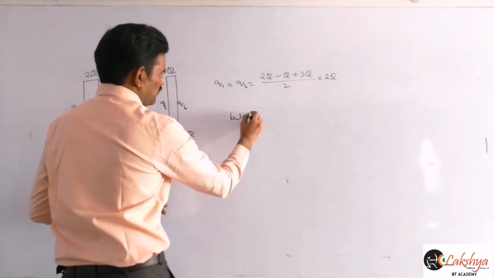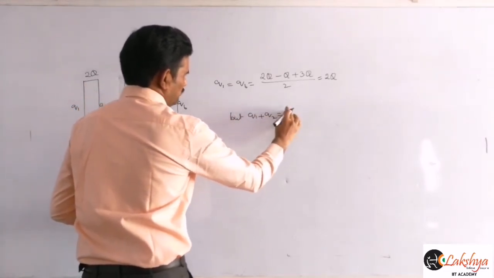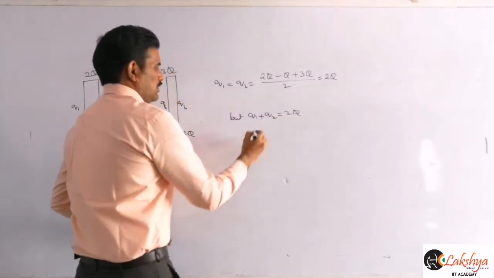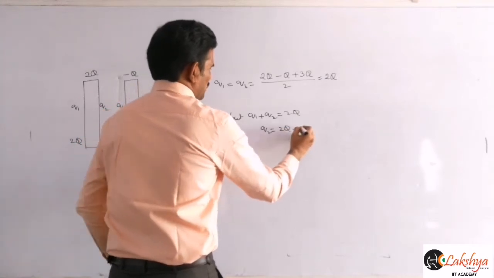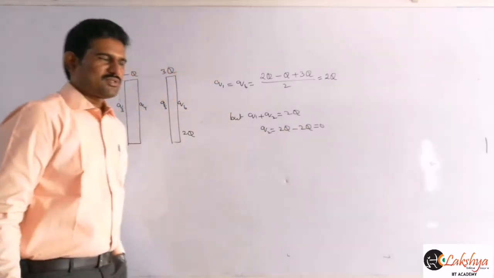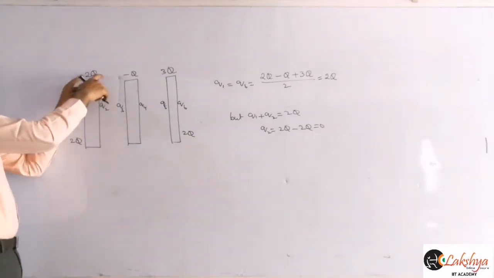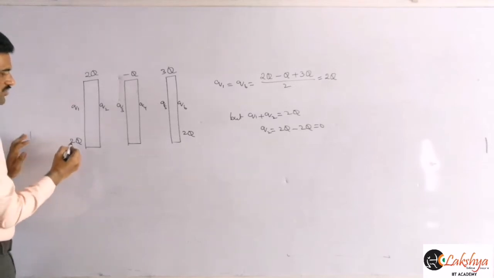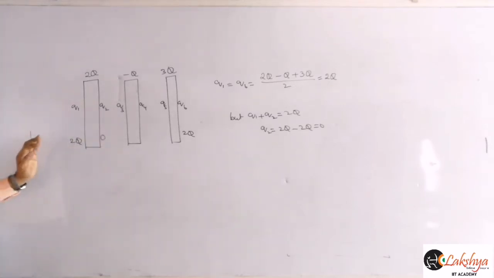Therefore q2 is equal to 2q minus q1, and that q1 is 2q, so q2 is 0. So directly you can say that the sum of these 2 charges must be equal to the total charge given to the system if no other connections are there. Since 2q is already appearing here, the charge appearing on this will be 0.